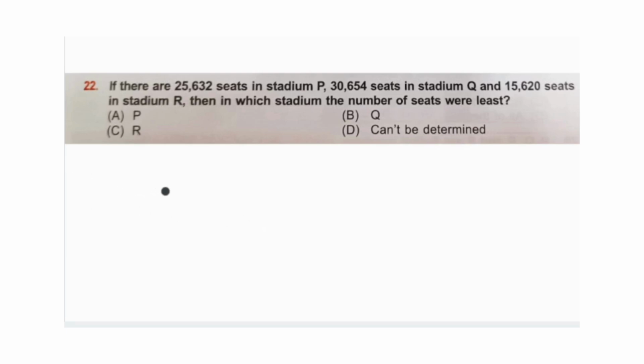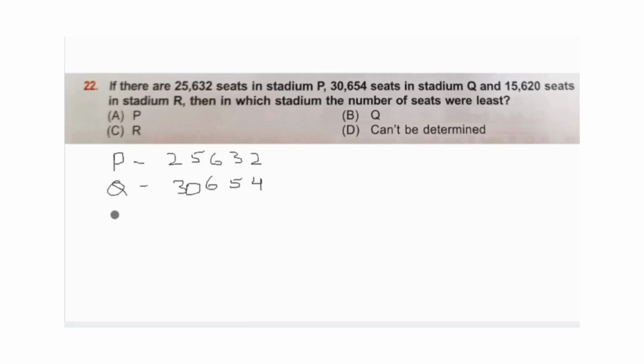Let's give a name to each of the stadiums. Let's start with P, which is our first stadium. It has 25,632 seats. Then Q, our second stadium, has 30,654 seats.